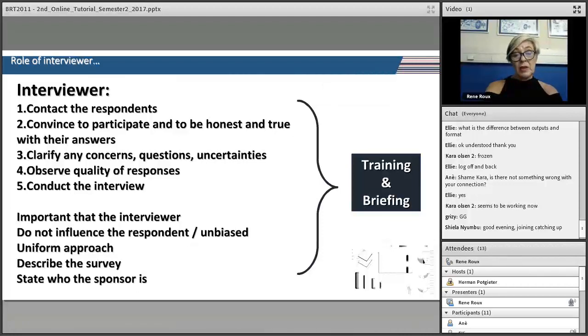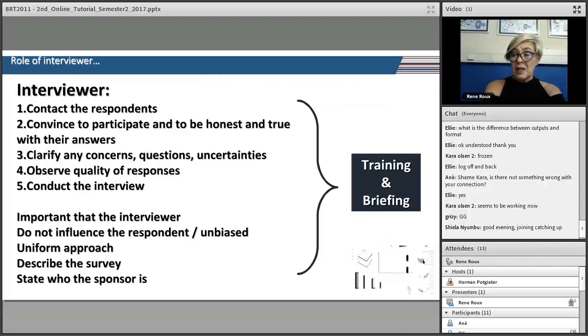Explain the questions to them. It is a very, very important role because your interviewer is the contact with the respondent, the participant in the research. That interviewer needs to convince that participant to participate. They need to make sure that they're honest and true in their answers. They need to clarify any concerns, questions that participant has.